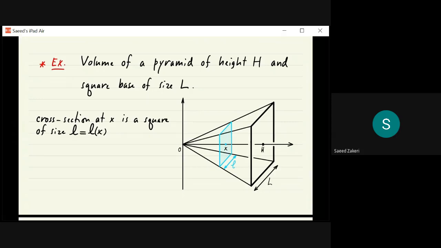So using similar triangles, I can say that x over l must be the same as H over big L. This is by similar triangles in this picture, and therefore little l must be L over H times x.